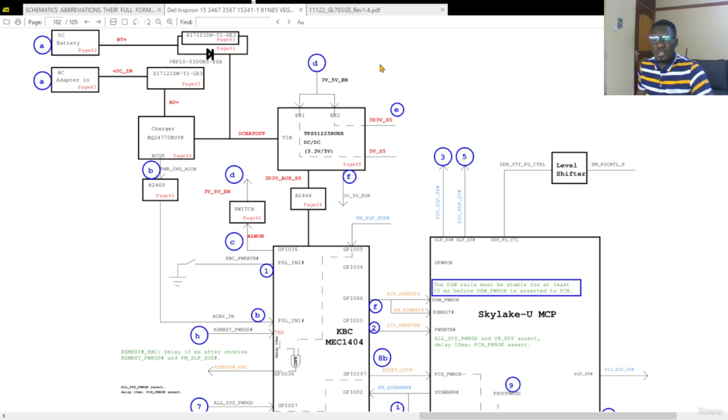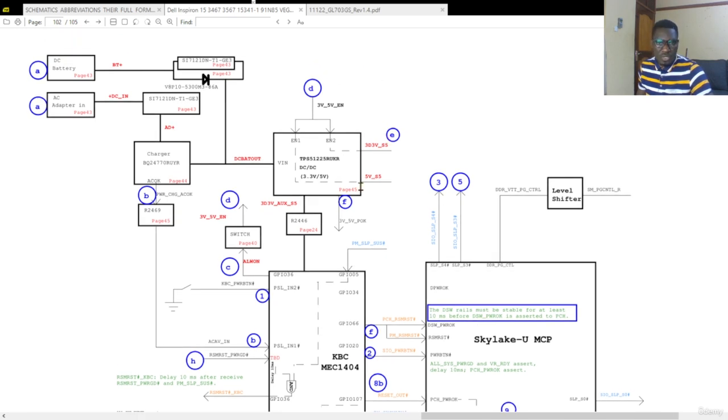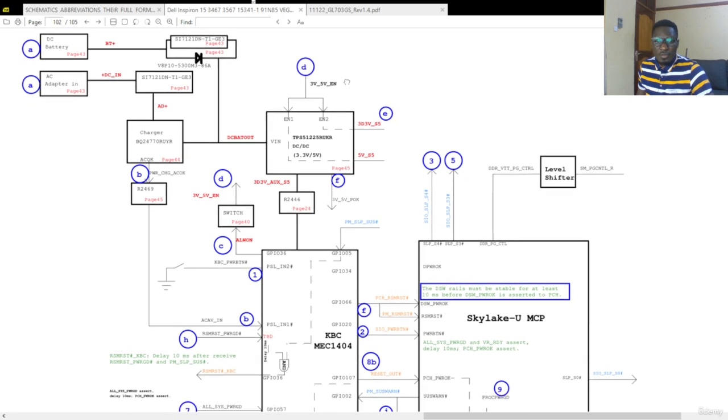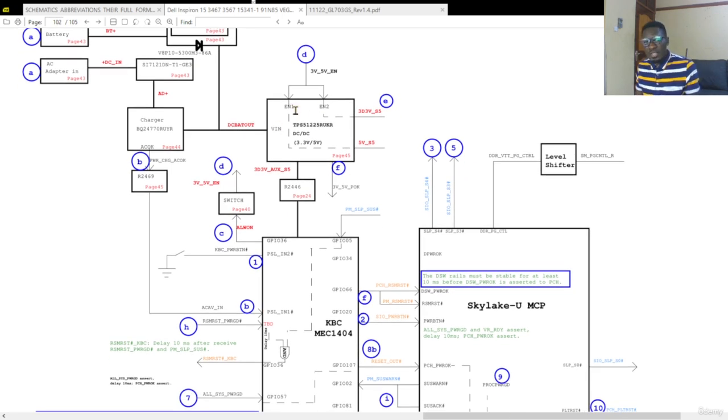So after D, we have E, which gives out this voltage you just saw. Then we have F. So F shows that after this chip has given out these voltages, it gives out a signal which comes out at F, and this signal is called 3 volts and 5 volts POK, which means 3 and 5 volts power OK, basically indicating that the volts have come out and they are fine.